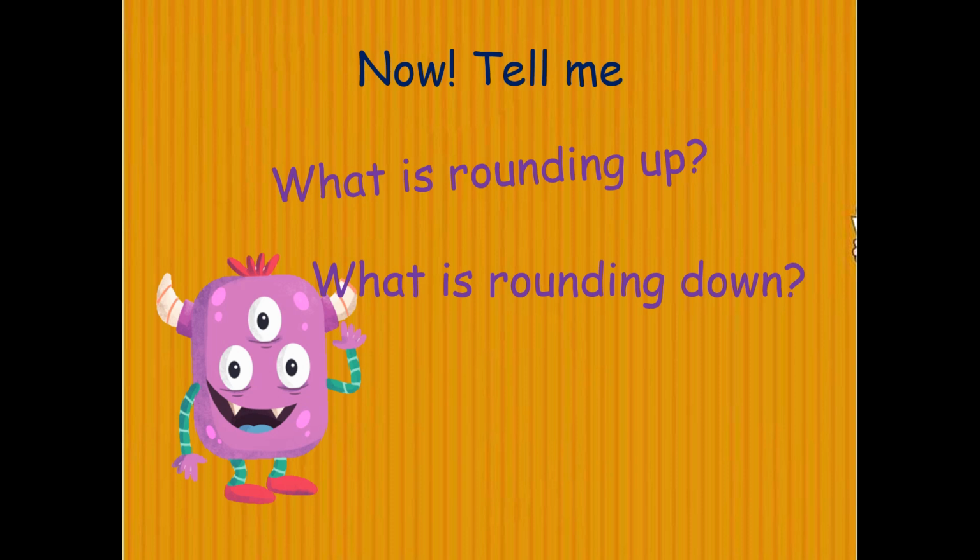How do we round up numbers? If you cannot remember, you can watch the video again. What is rounding down? How do we round down numbers? Again, if you cannot remember, you can watch the video again. Thank you.